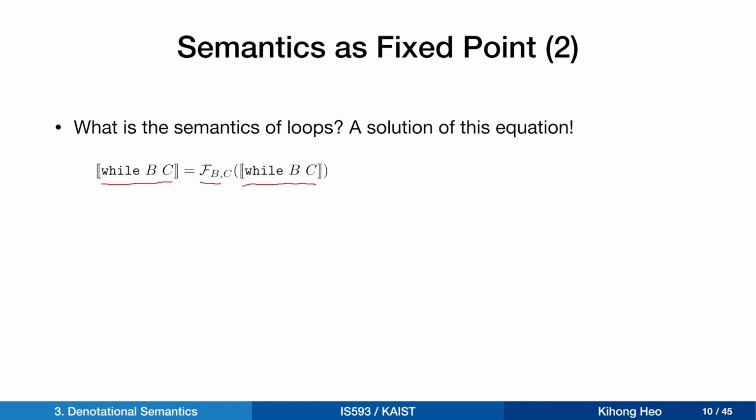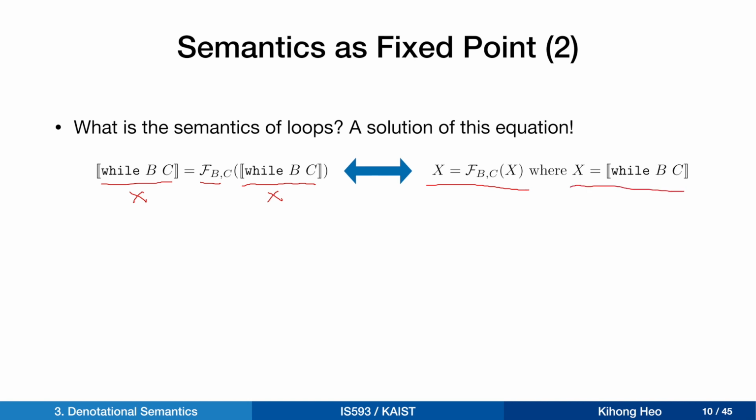Okay, then if I slightly change the equation by substituting the semantics of while as x, then it becomes much more clear. So as you can see, x is a solution of this equation, where x means the semantics of while. Here, notice that nothing is special here. So let's forget about the semantics part.